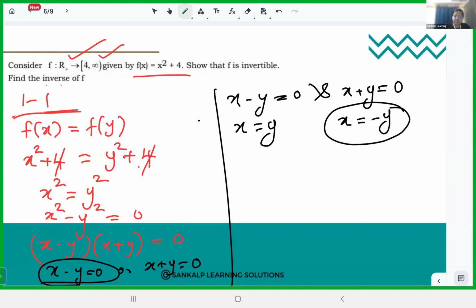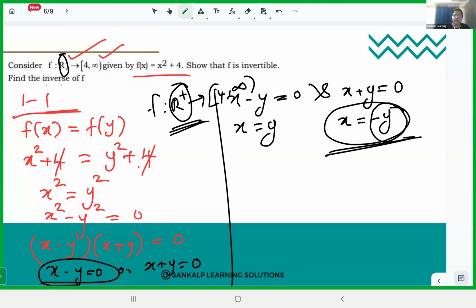No. Why? Because you have to check the domain of the function. The domain is R plus, the set of positive real numbers only. So can x take the value minus y? x cannot take any negative values because the domain only contains positive real numbers.